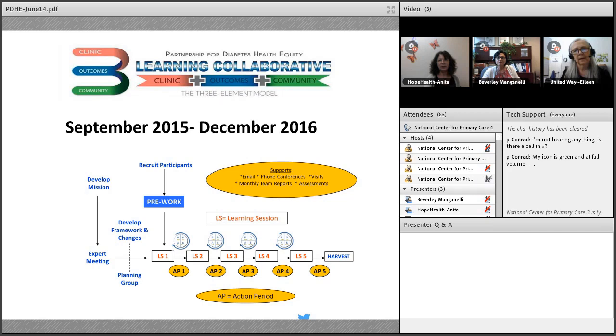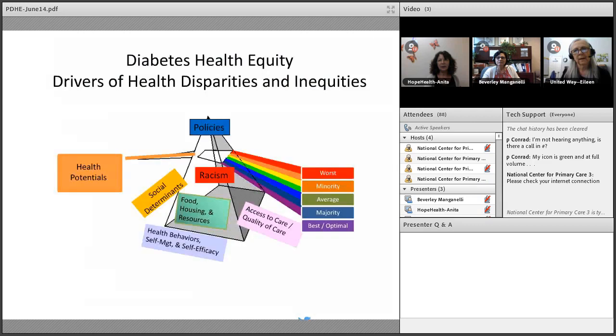Our idea was framed around these 3 elements. We realized that in order to take our teams through an intervention of this sort, we needed to help them build some capacity.